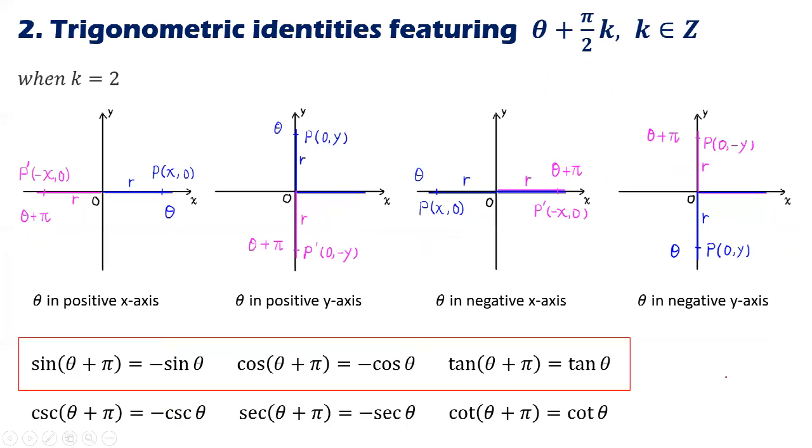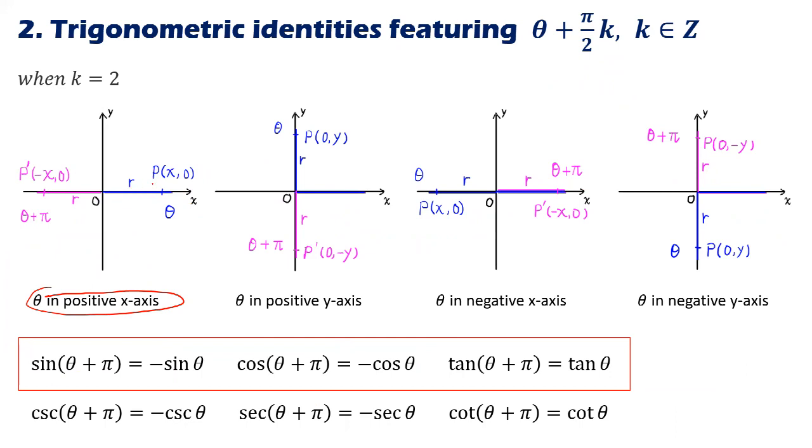Okay, again, let's consider if theta lies on the x-axis or y-axis, what will happen? For example, let's consider the first case here. If theta is on the positive side of the x-axis, then theta plus pi must be on the opposite side, which is the negative x-axis, right?